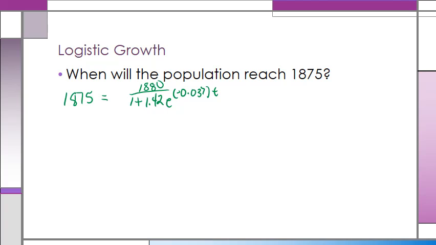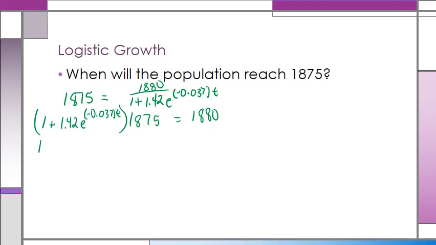Well, let's multiply both sides of this equation by the denominator so we can clear it out. Then we'd have 1 plus, let me put that in parentheses, 1.42e raised to the power of negative 0.037t, close my parentheses, times 1875 equals 1880.